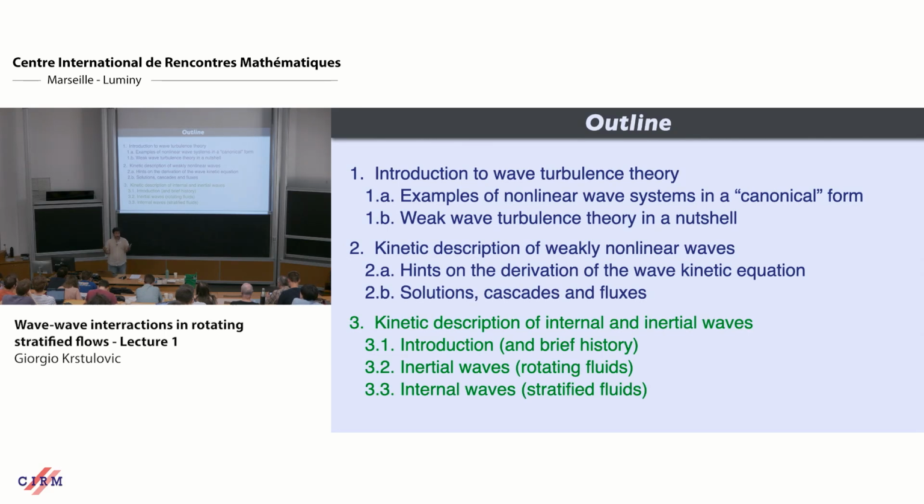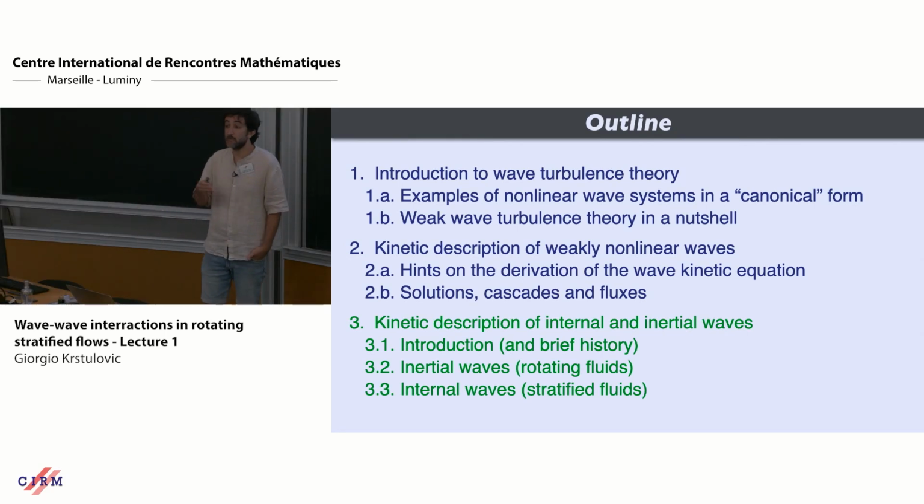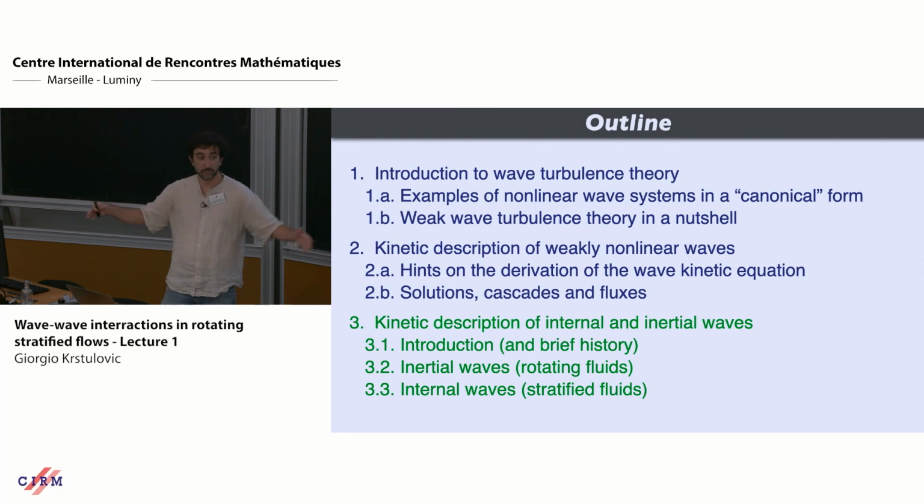Then we will show more analytically what is possible to do. And the second part, which is really textbook level, is how we derive the kinetic equation, which describes the statistics of waves in the kinetic limit. That is when we take the box size going to infinity and the nonlinearity going to zero.